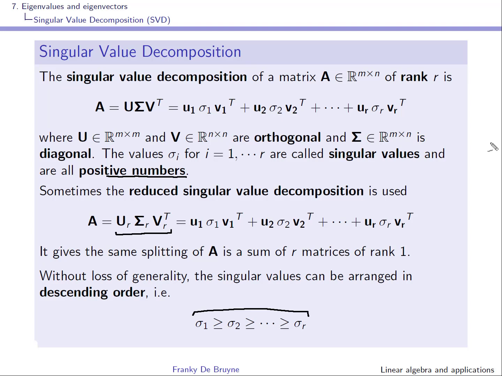Of course, both decompositions lead to the same rank 1 sum decomposition, because what is added over here will not influence the sum, as the vectors that are added are linked to elements that are 0 in this sigma matrix.